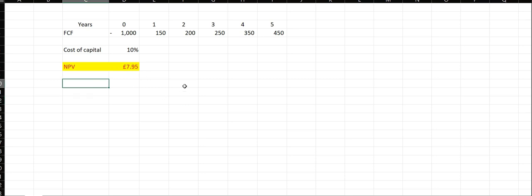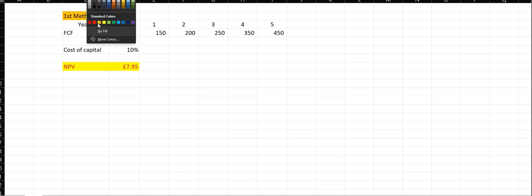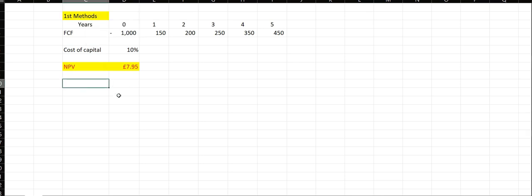So this is the first method, by using the formula method. Then the second method: in the second method, you can straight away use the discounting factors.